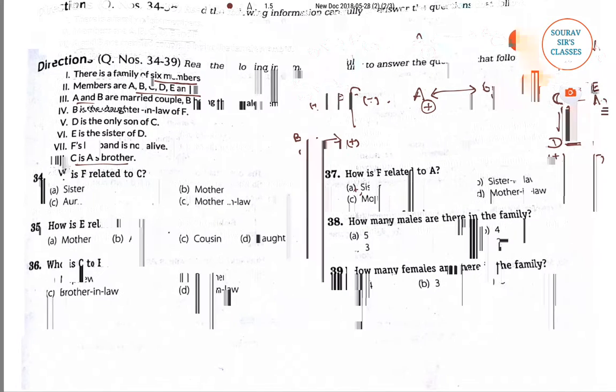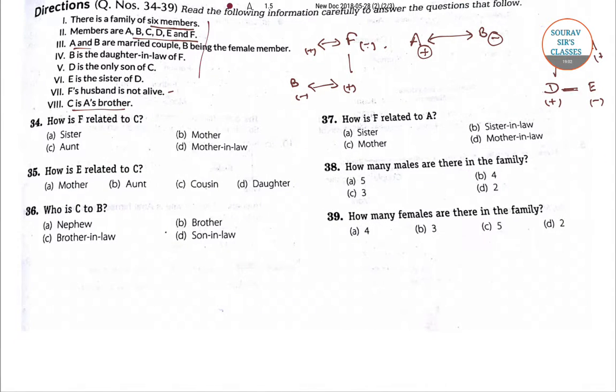So this family can be pictorially represented as follows. We know that A and B are husband and wife, where A is male and B is female.